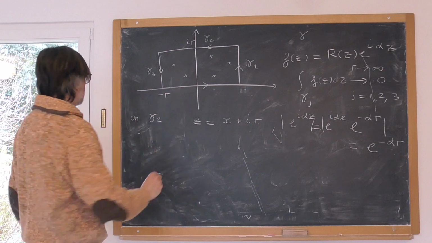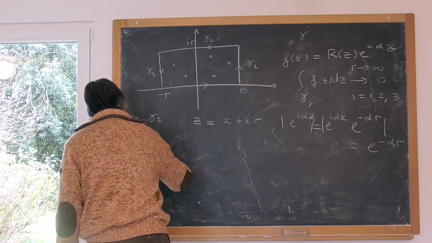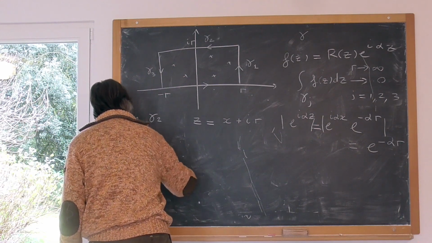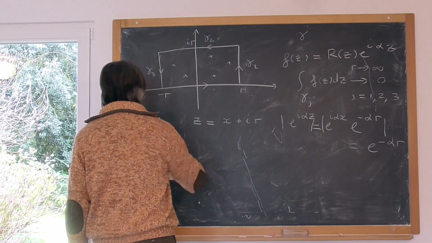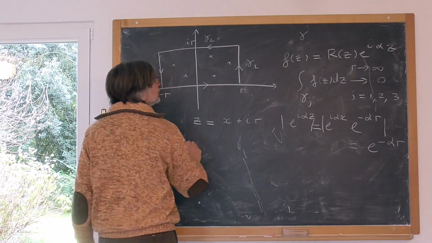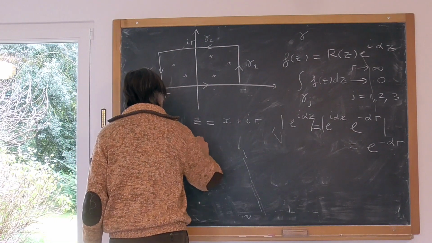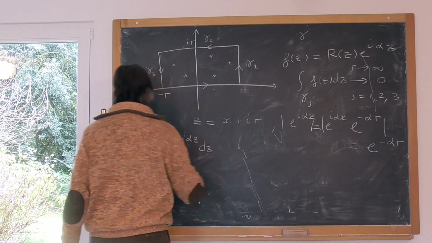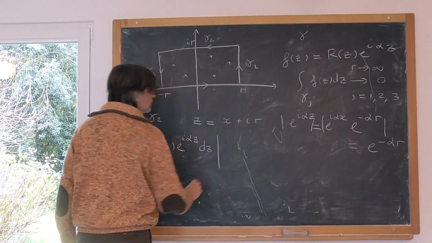So we want to integrate over gamma 2 our function R(z) e to the I alpha z dz, and we would like to bound this.